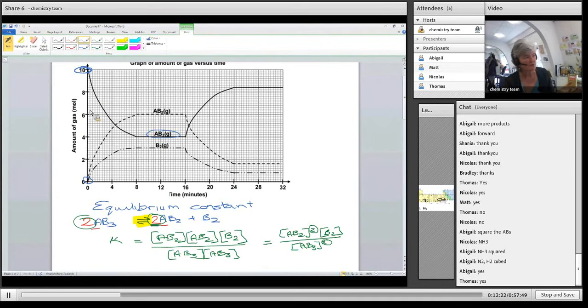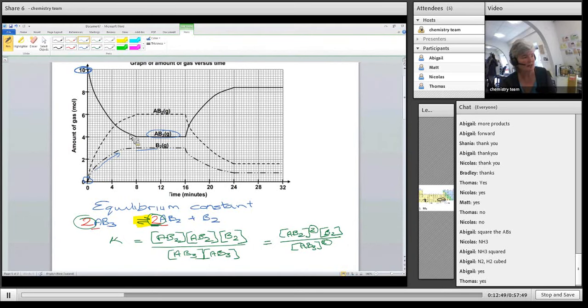But then as we're getting fewer and fewer particles of AB3 remaining, you can see it's slowing down. And then I reach this plateau over here. And the same thing with B2. Notice how we had nothing for B2, but then it increases, and then it also reaches this plateau.